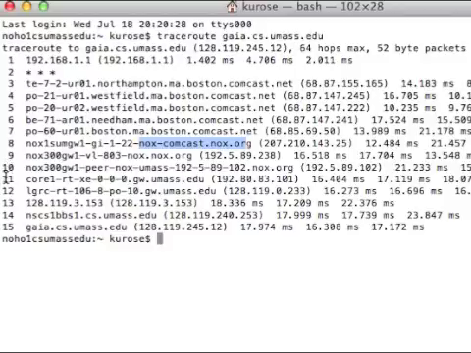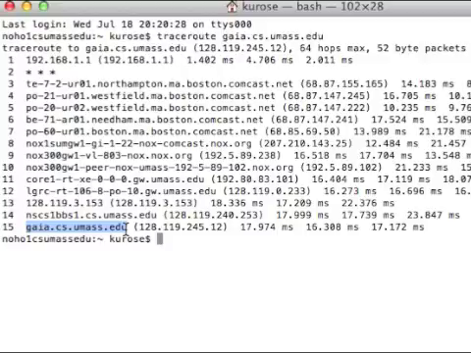And then finally, router 11, we see that that's got a UMass name, gateway.umass.edu. Router 12, router 13, and router 14 are also in the UMass network. Router 14 is actually in cs.umass.edu. We see that there. And then finally, 15 hops out, we see the Gaia server, which was actually the target. That's the final destination where our packets are headed.